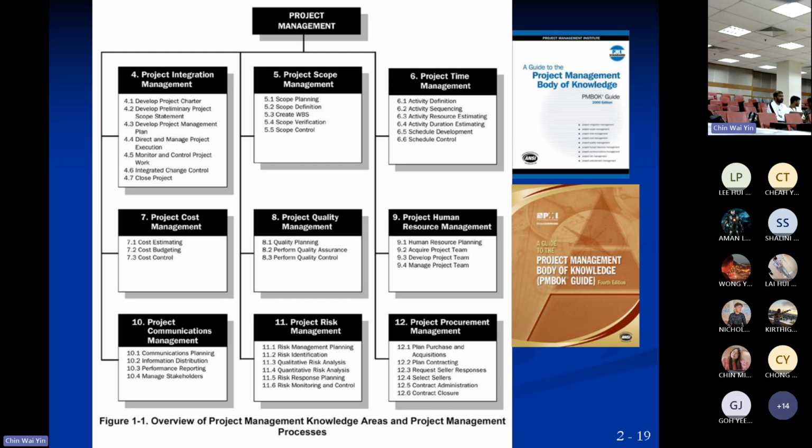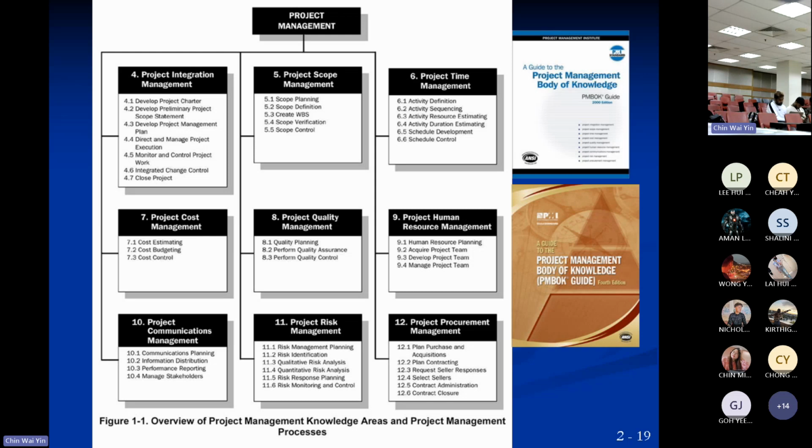Or your file, when you want to submit, is corrupted. So many ways. So project integration management basically looks at how to manage the different working parts, from the starting of the project to how to close the project.